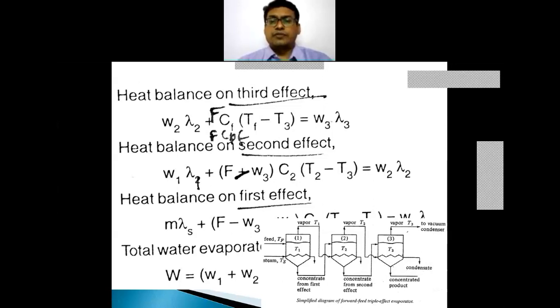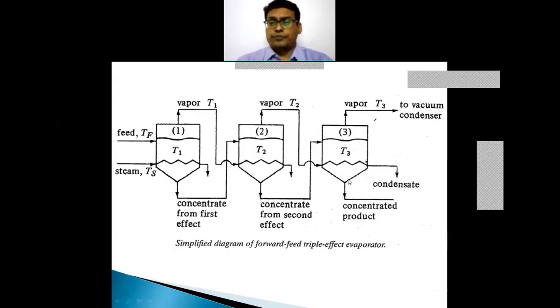So the heat balance, taking the third effect first: W2 lambda 2 plus F Cp F into TF minus T3 is equal to W3 lambda 3. Heat balance on the second effect is W1 lambda 1 plus the flow rate difference into the Cp into delta T, and so on.